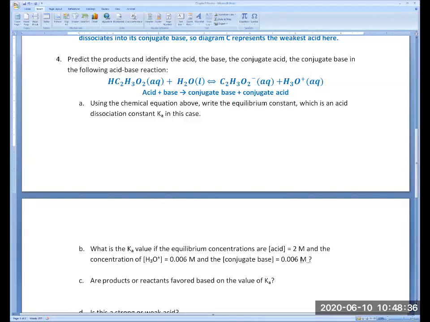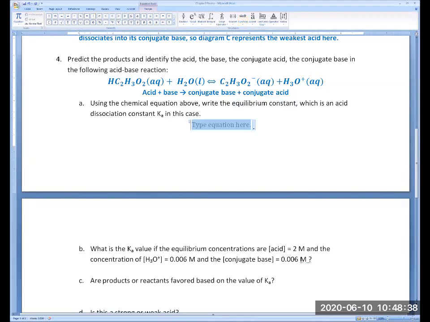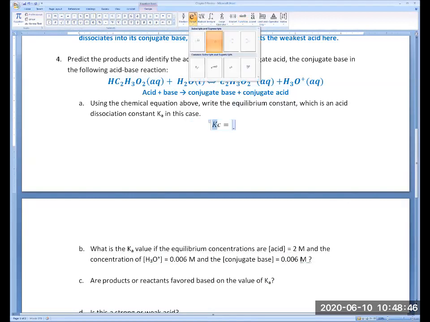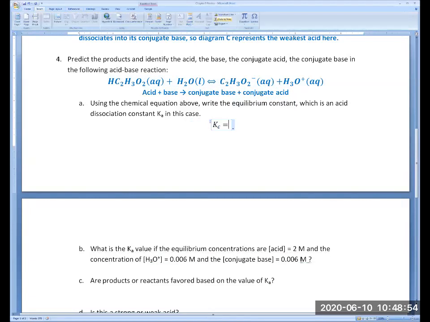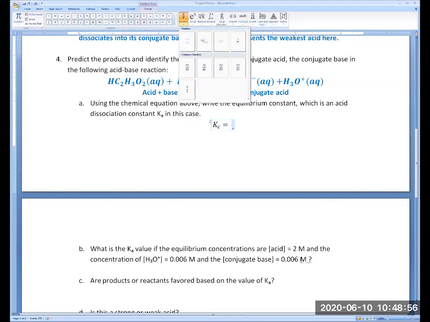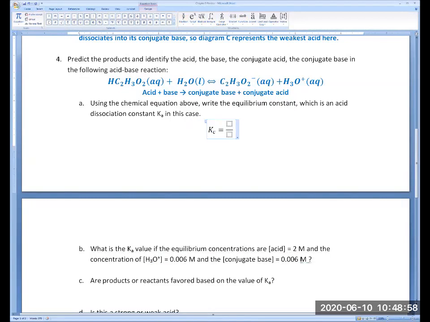So Kc equals, and the C is a subscript. Kc is the concentration of product over concentration of reactants.